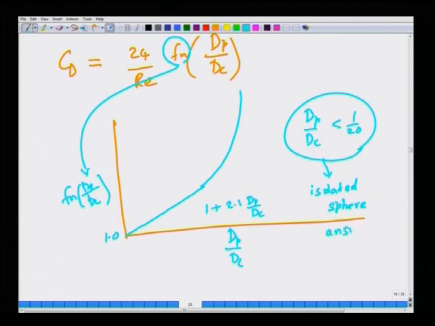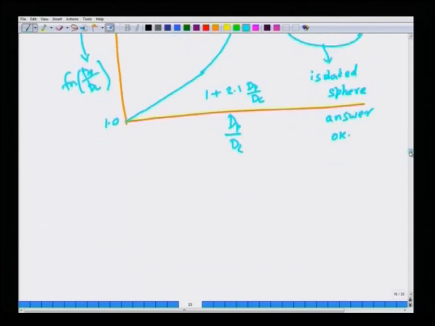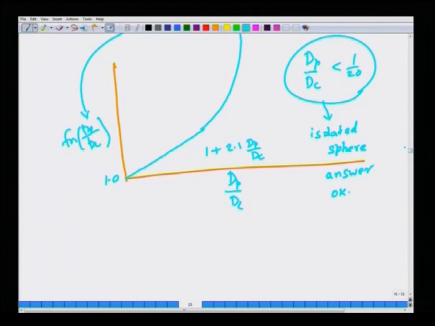But when dP by dC is not as small, then you will start seeing the effects of the confining wall, and that is given by this correction.